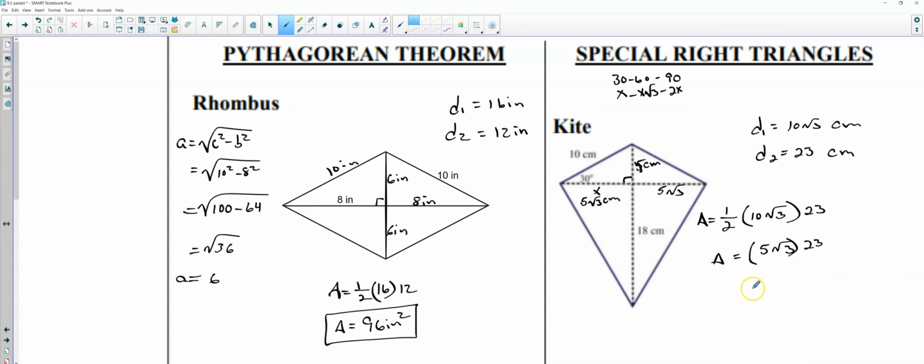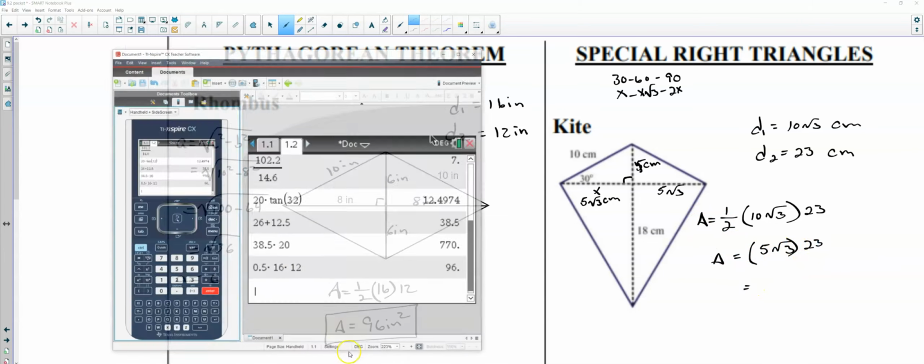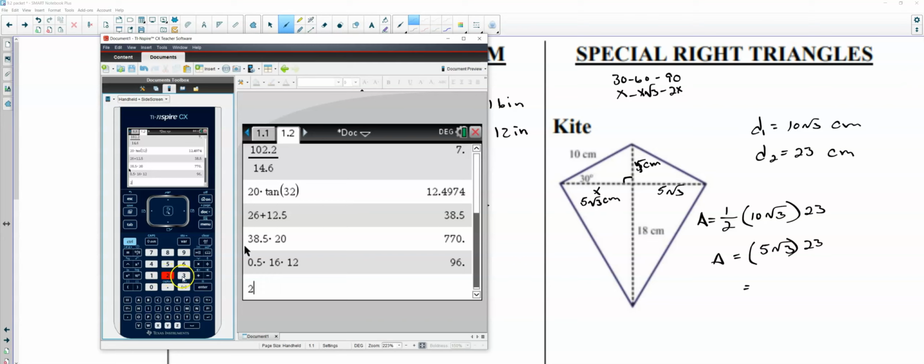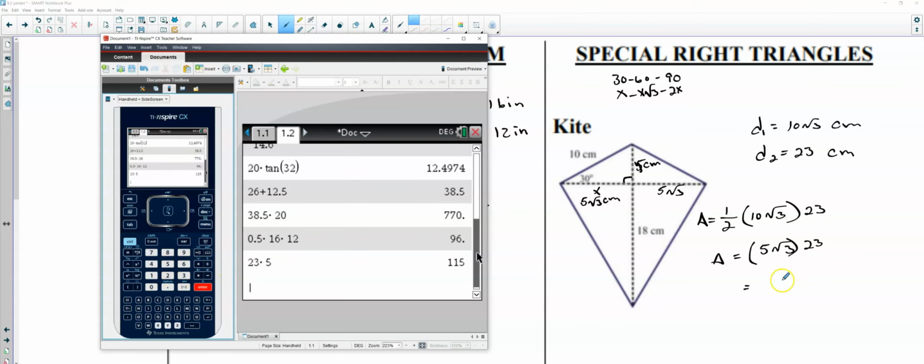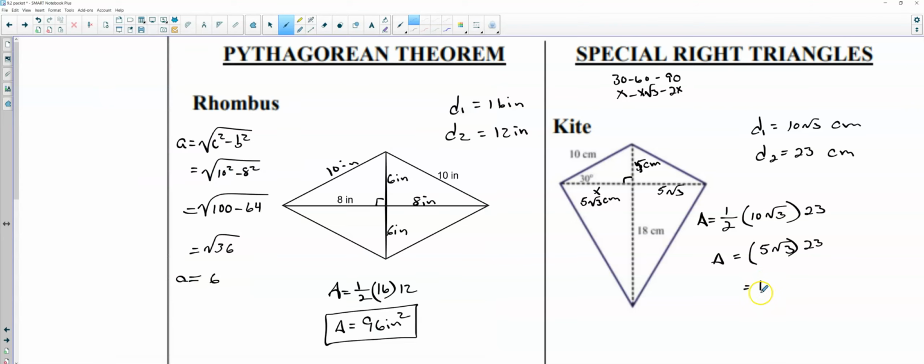Okay, and 23 times 5 is 115 square root of 3. And that's square centimeters. That's the exact amount.